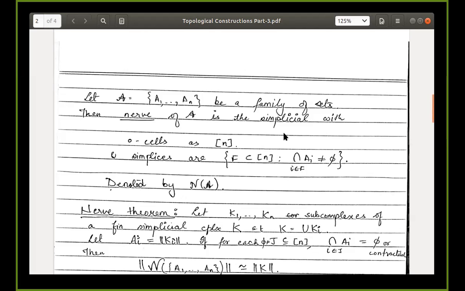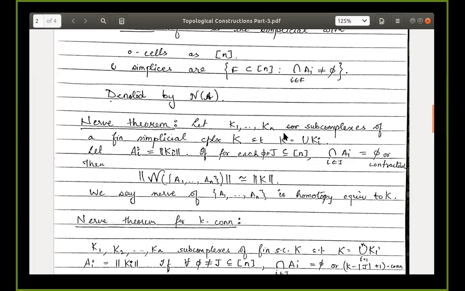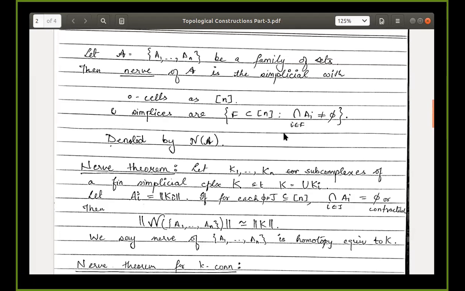With this, we have a theorem called the nerve theorem, which states that if we have subcomplexes K1, K2, ..., Kn of a finite simplicial complex K, which cover K, which means K is actually the union of the Ki's, so any simplex you take in K belongs to at least one of these Ki's.